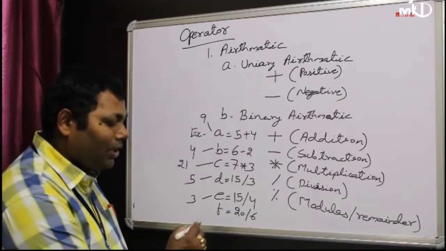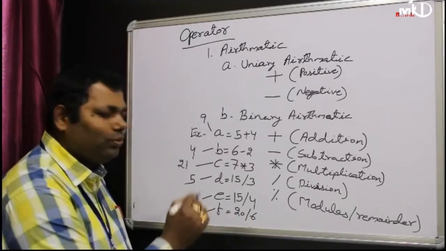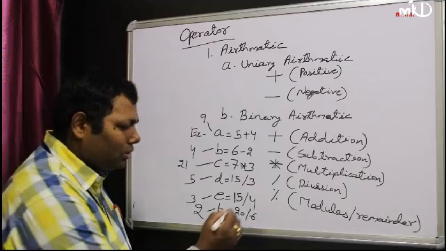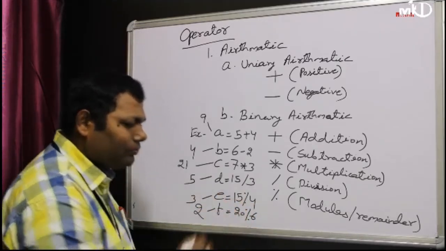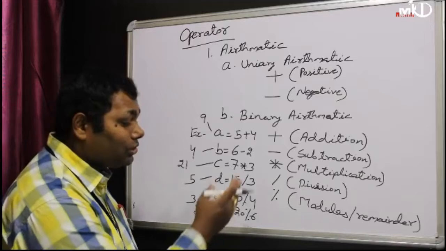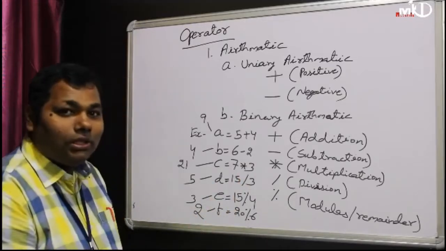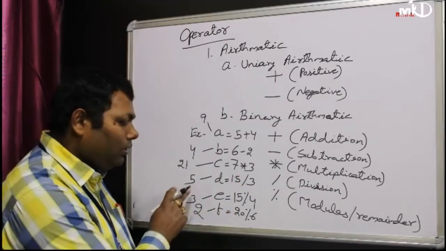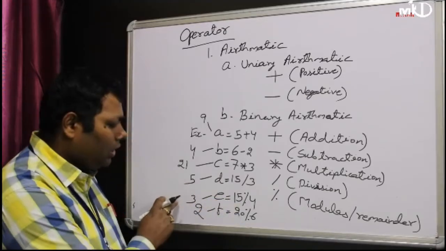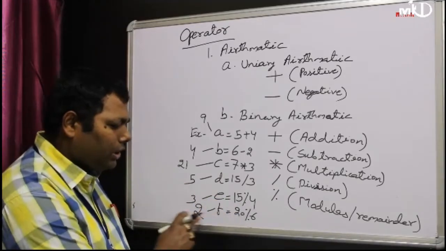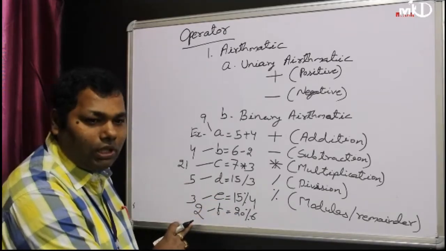Now what is the value of F? 2. Sorry, this is percent. If you use division, then it will give 5, but if you use the percent, it gives 2. Clear?